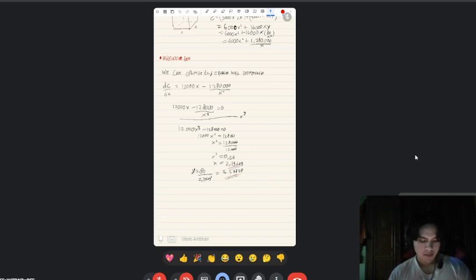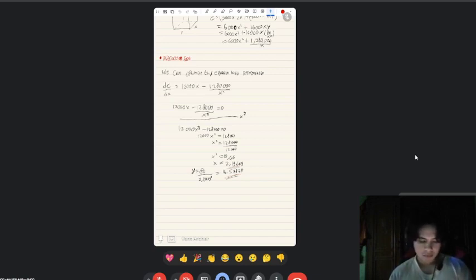We can simplify this by multiplying all of them with x squared, and here we'll get 12,000 x cubed minus 1,280,000. Simplifying it, we'll get x equals 2.19669, and that's the minimal value of x.